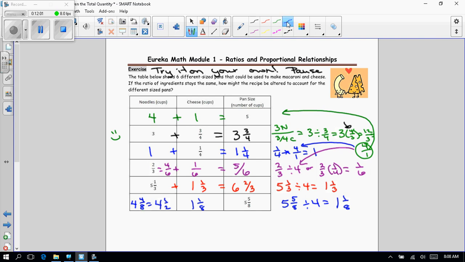That is going to give me my cheese. All right, so I got the cheese, so that one's going to be the 1 1/8 in the center there. And then I just have to subtract 5 5/8 minus 1/8, and I should get 4 4/8, also known as 4 1/2.